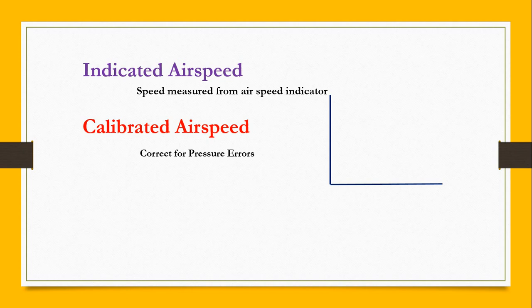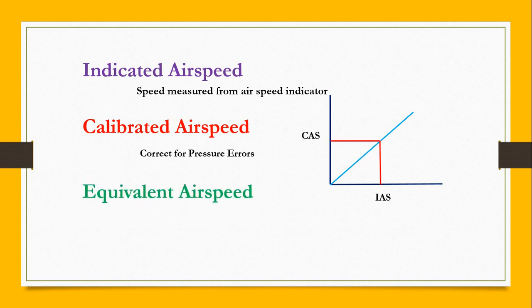We can plot this calibrated airspeed from a graph which has the indicated airspeed as the x-axis and the calibrated airspeed as the y-axis. If we know the indicated airspeed, we can easily read the calibrated airspeed from this graph. The next is the equivalent airspeed. If the indicated airspeed is corrected for compressibility errors, we will get the equivalent airspeed.